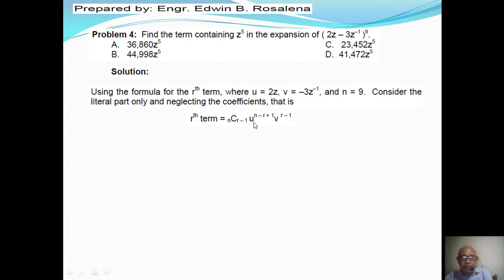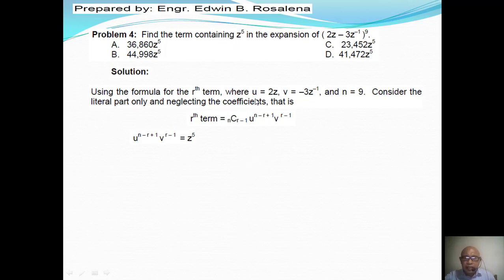So, ang literal part dyan, ito lang muna yung gagamitin ko, where u is 2z, v equal to negative 3z to the negative 1. Tapos, pwede ko munang i-neglect yung coefficients. Anyway, we are not interested in the coefficients here of the terms. We are interested in the variable part, in which saan ba dito ang term na magbibigay sa atin ng z to the power 5?